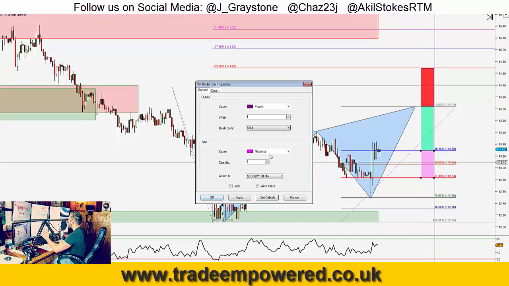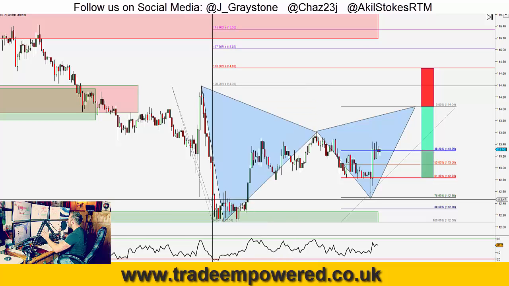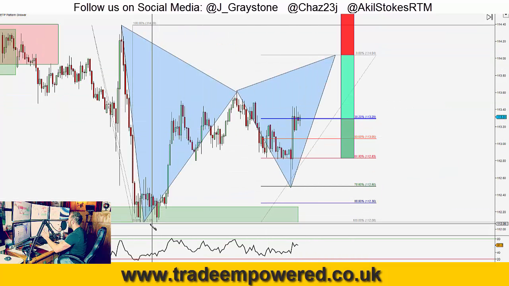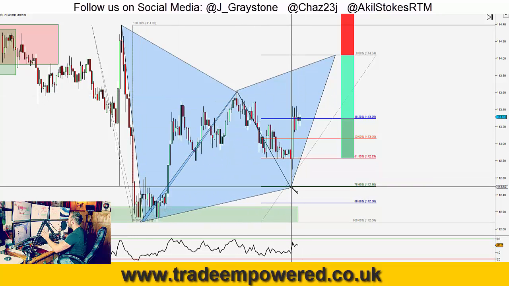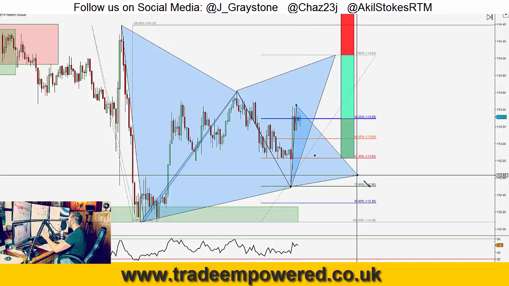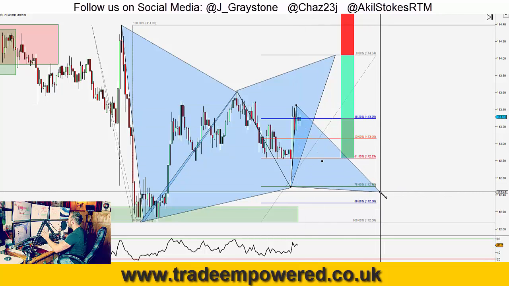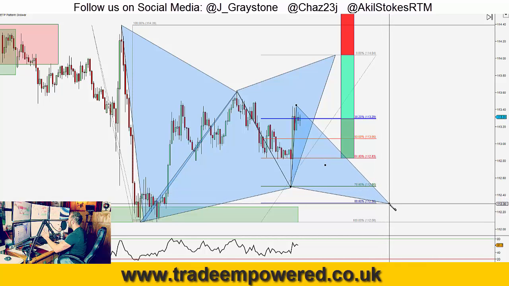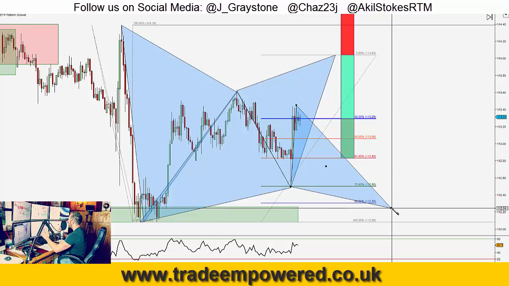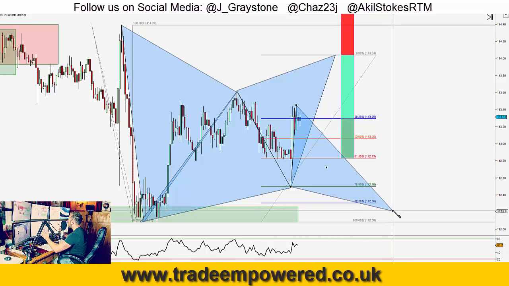Now that's if market pushes up. What about if market pushes down? Well, if market pushes down, you're looking at a deep Gartley formation down here as well, and by deep I mean we've pushed right down into that 618, almost touching the 786 on the B leg, which gives us a deep Gartley, and this Gartley will complete down at 112.21, so down here.